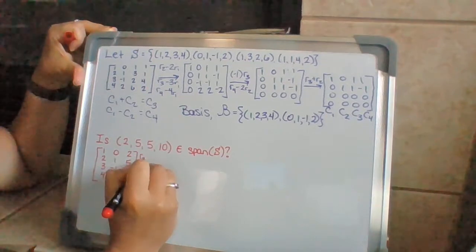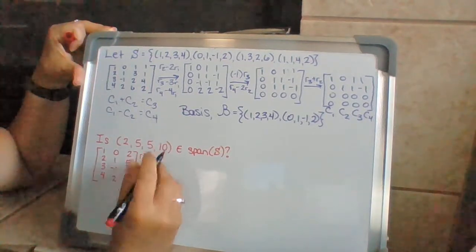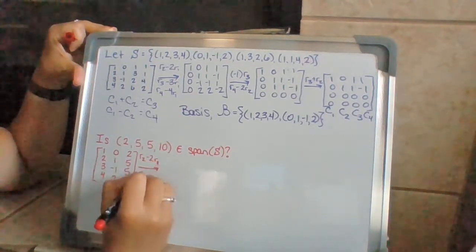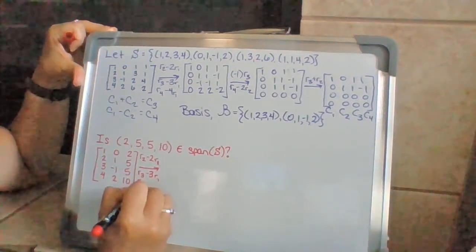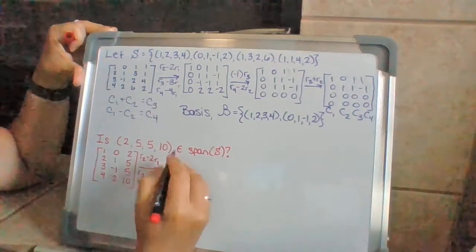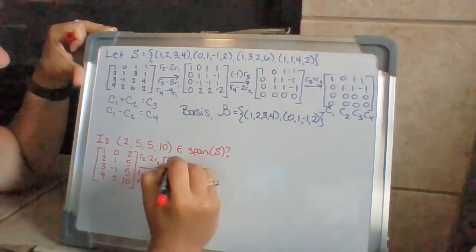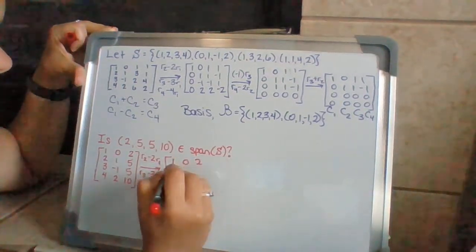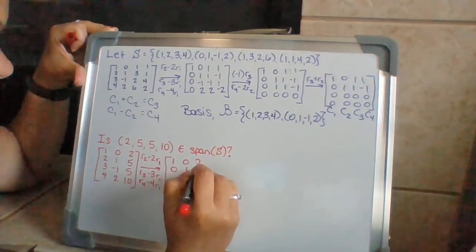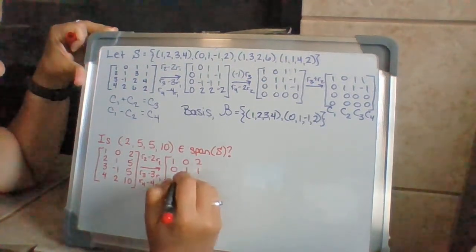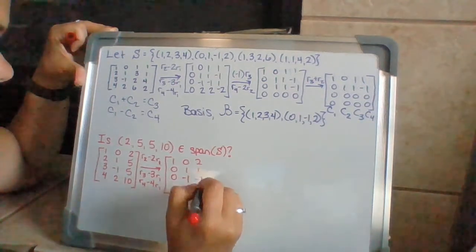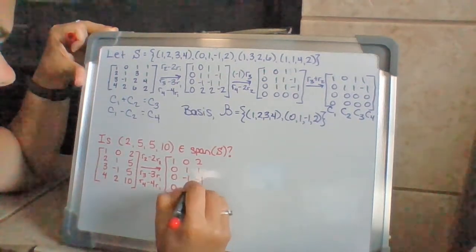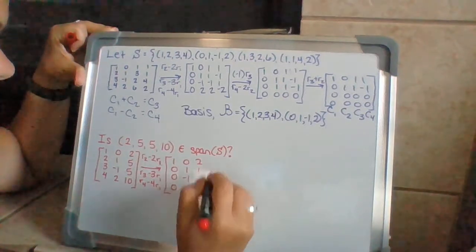So I'm going to do pretty much the same row reduction operations that I did on the last one. Row 4 minus 4R1. And we should get 1, 0, 2, 0, 1, 1, 0, negative 1, 5 minus 6, 0, 2, 10 minus 8.